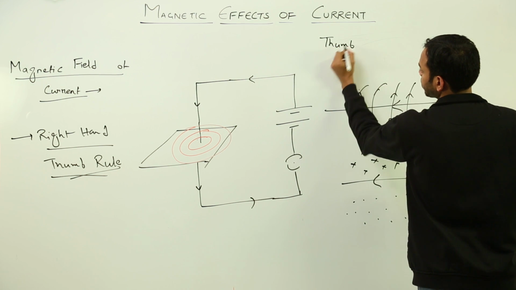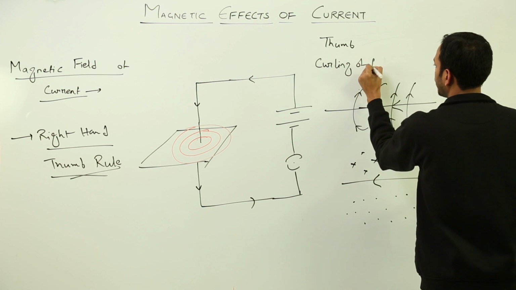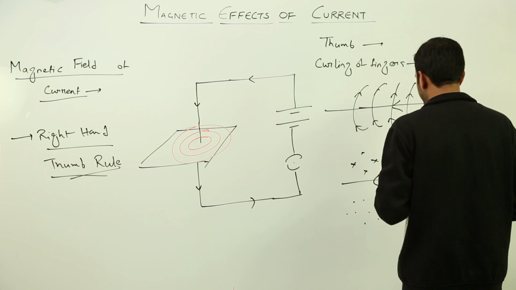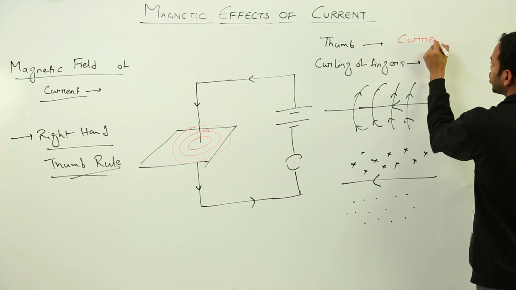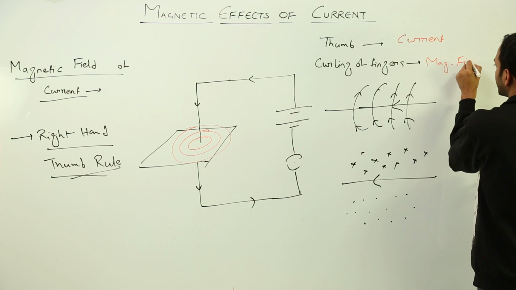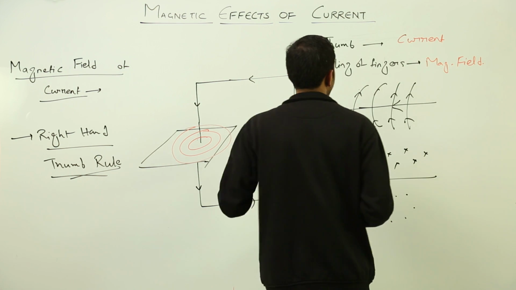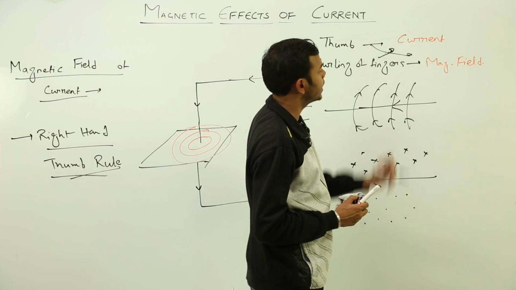Thumb and curling of fingers. If the thumb represents the direction of flow of current, the curling of fingers represents the magnetic field. My point is, the converse of this is true as well. That means if the curling of fingers represents current, then the thumb will be representing the magnetic field.